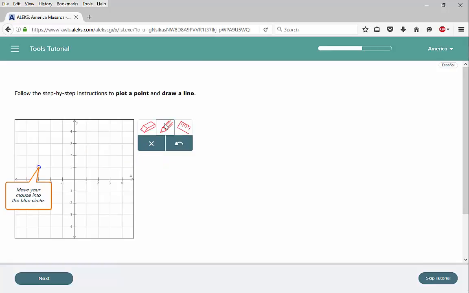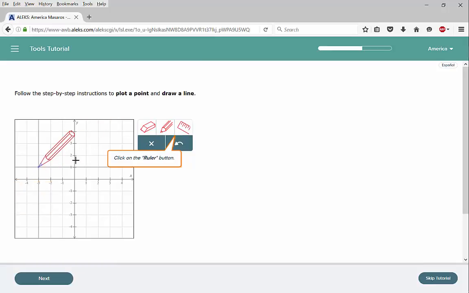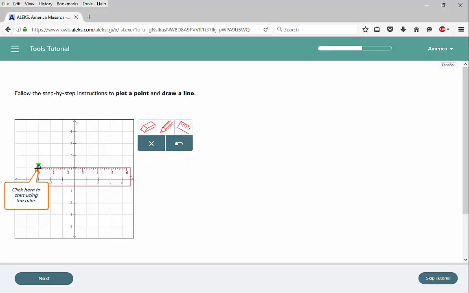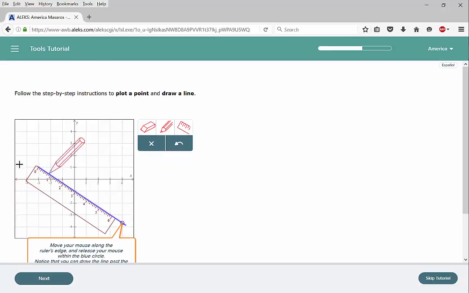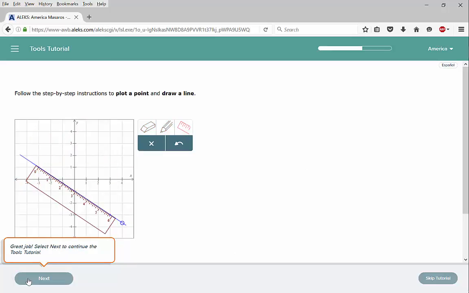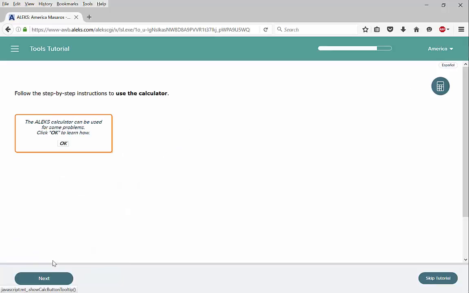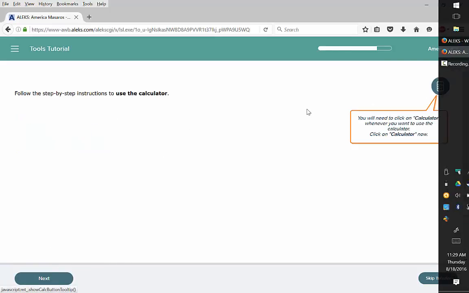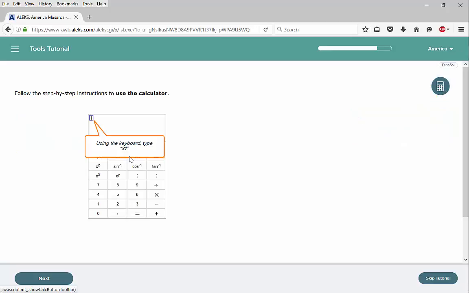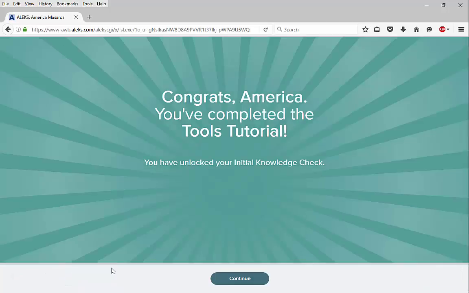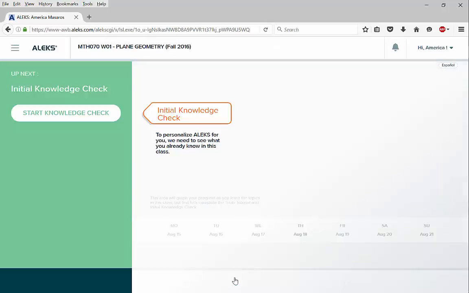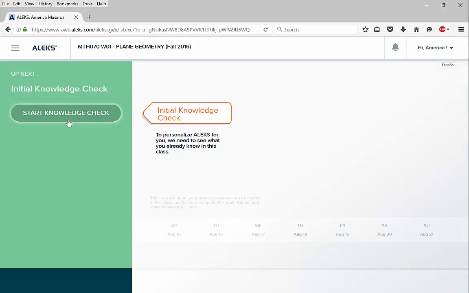This is going to show me how to draw a graph, and how to use the built-in calculator. And now that I've finished the tools tutorial, here we go. I'm going to start my initial knowledge check.